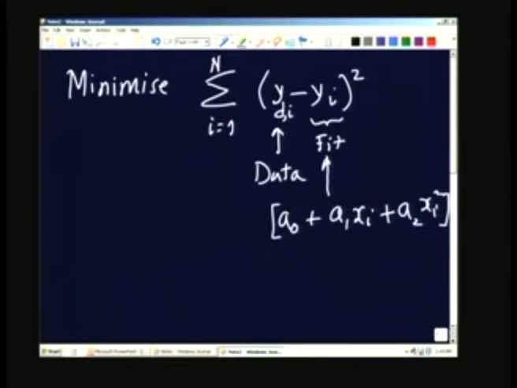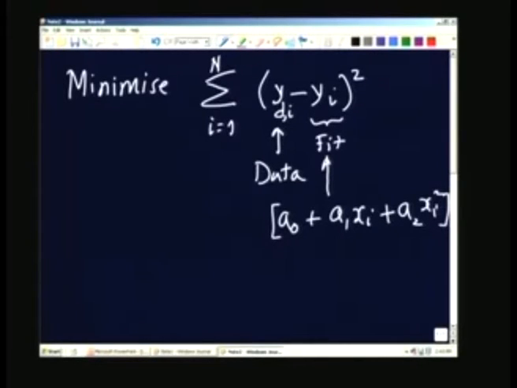So, the procedure is very similar to what we did when we were doing the linear regression model. If you remember, we were taking the partial derivative with respect to each parameter in succession and then writing the appropriate equation which makes the partial derivative 0.